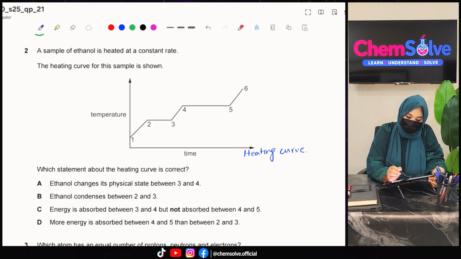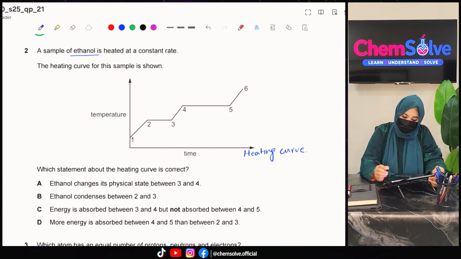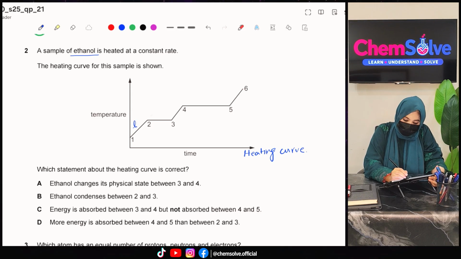This curve is about ethanol. That is a liquid. So if this is liquid here, it will start changing its state of matter here, and it would be liquid and gas both.